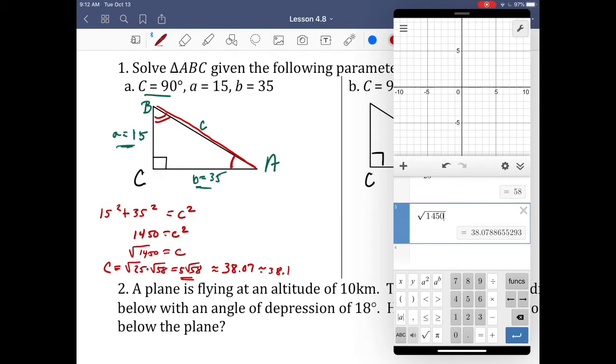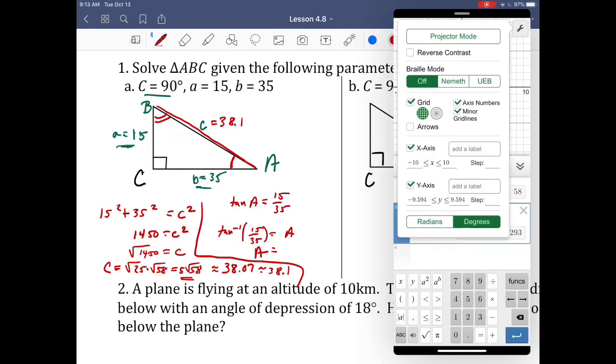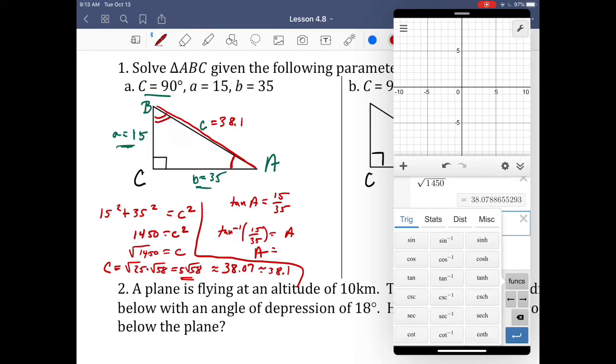So with that said, we still need to find angle A and angle B. Again, your process might vary. I'm going to choose the tangent of angle A is equal to 15 over 35. And so that means I'm going to do the inverse tangent of 15 over 35 to get angle A. I am in triangle mode, which means I'm going to be in degree mode.